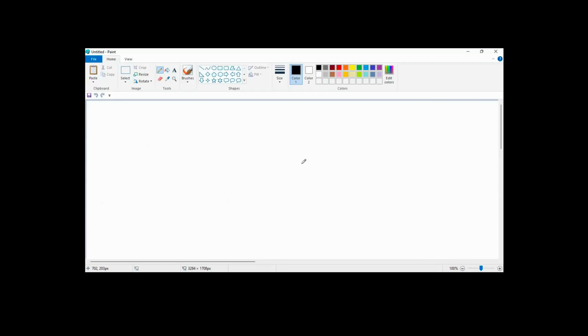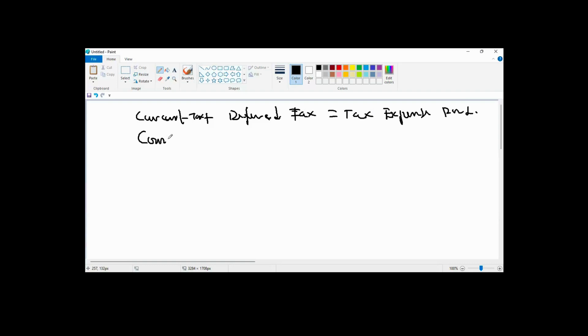That is the first thing I said when we started the class. Tax expense: I say current tax plus deferred tax equals tax expense in P or L. They ask me the computation of the tax expense that goes to the P or L.